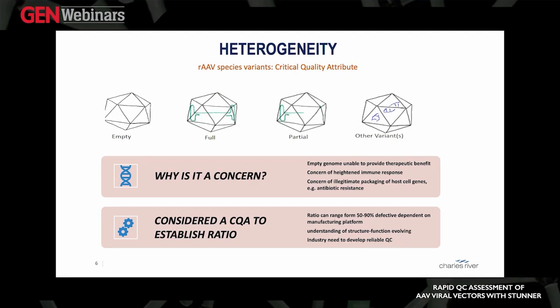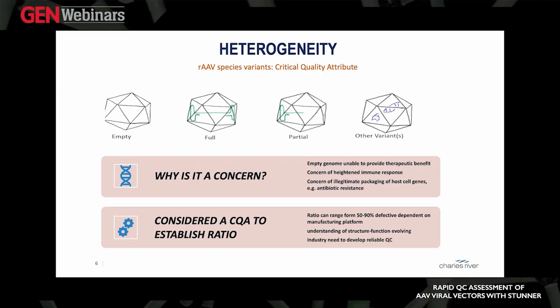And the percent empty can vary from 50 to 90% and is dependent on the manufacturing process. Additionally, there is also the potential that partial sequence or other variants that might package host cell DNA can be produced. So why is this a concern?